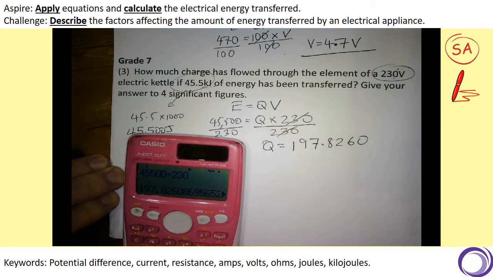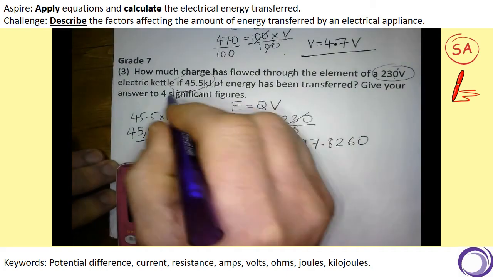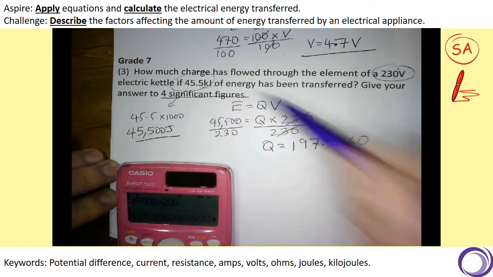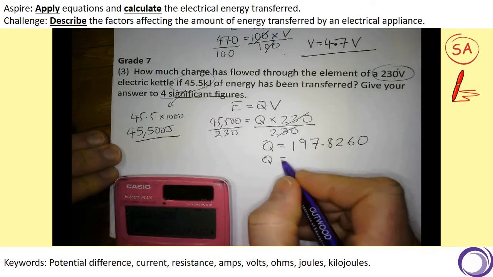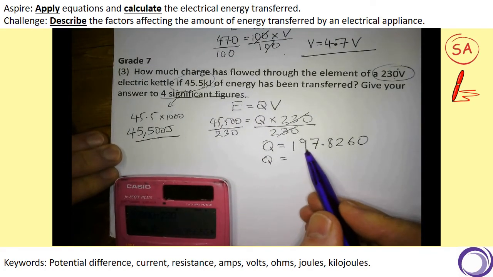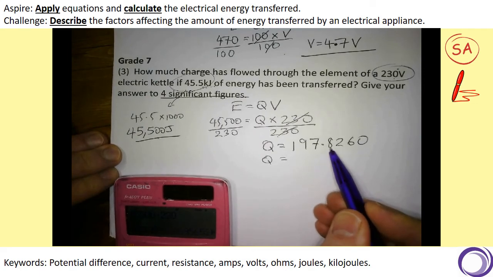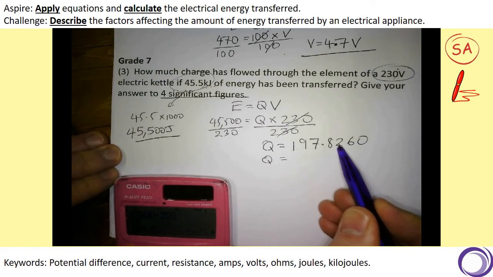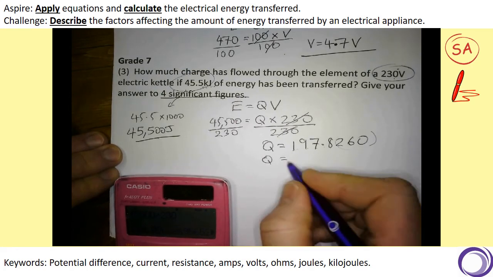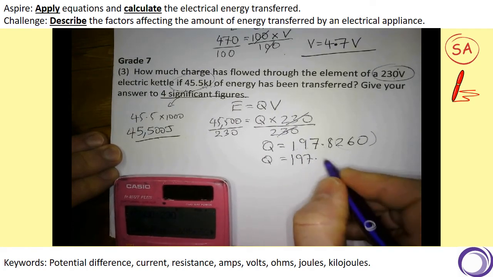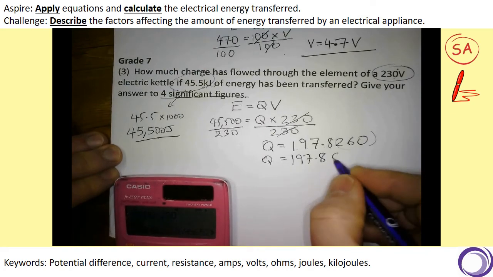197.8260. I'll put all of that down for now, but it does want the answer to 4 significant figures. So 4 significant figures is Q equals 197.8, 1, 2, 3, 4. That one is less than 5, so it's just 197.8, and it's coulombs.